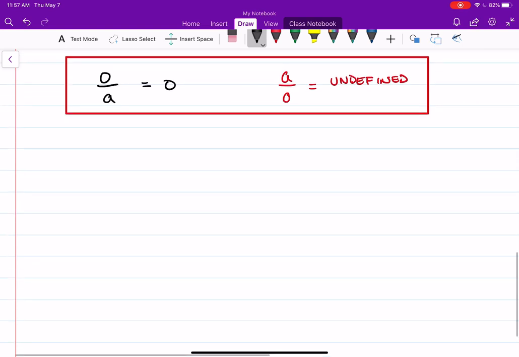You're going to come to a phrase that's called multiplicative, excuse me, inverse.